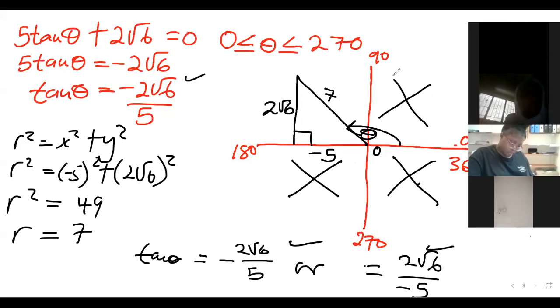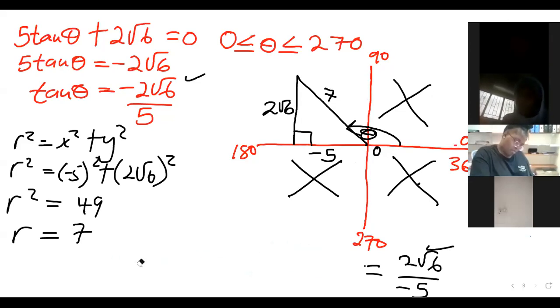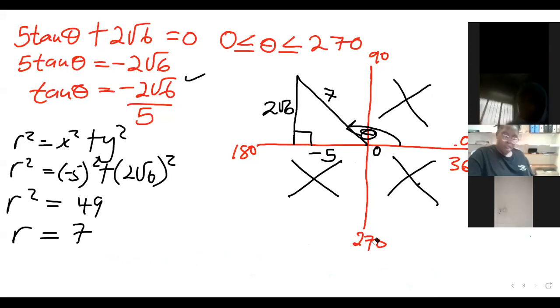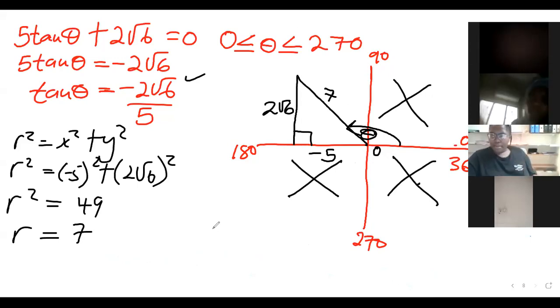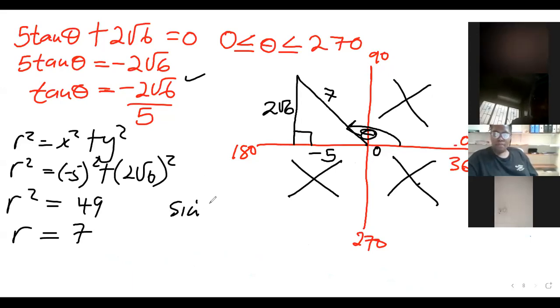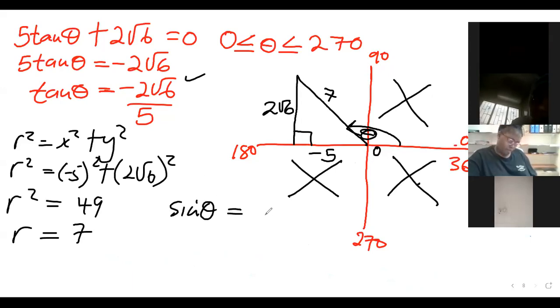Now that my diagram is complete, I can start answering questions. First question, sine theta. Sine is opposite over hypotenuse: 2 root 6 over 7.